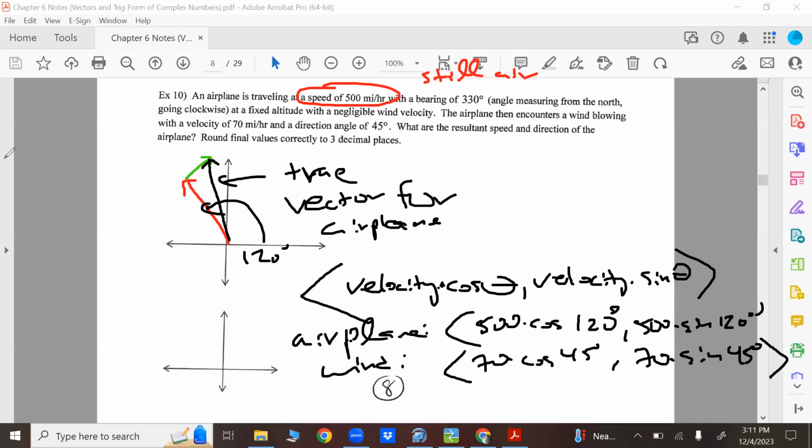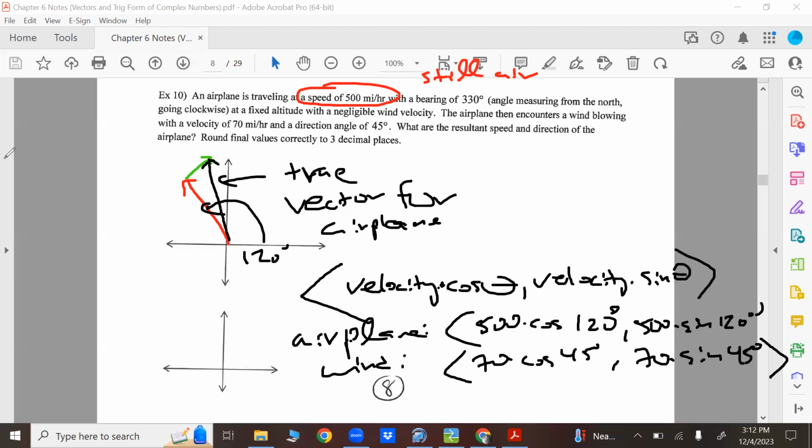Tangent theta equals y over x. You think like that. In this case, for the magnitude you're just doing root x squared plus y squared, or root negative 200.503 squared plus 482.510 squared.